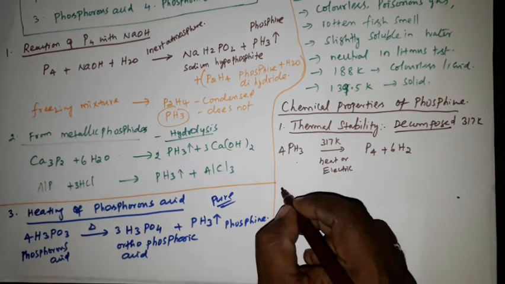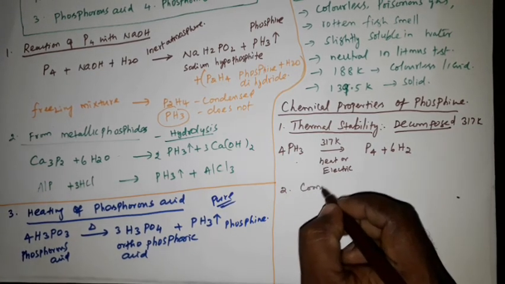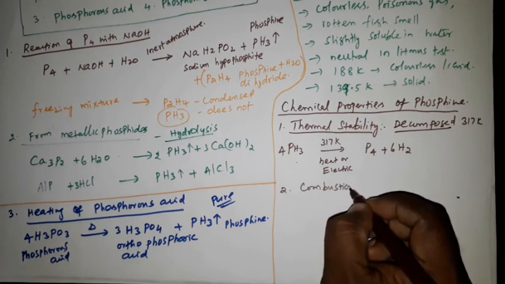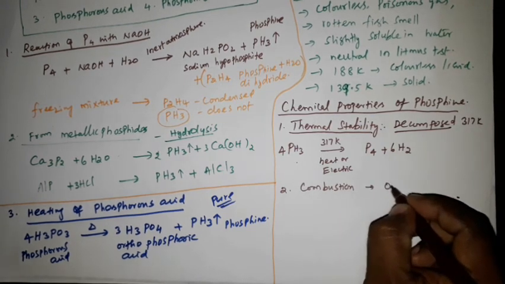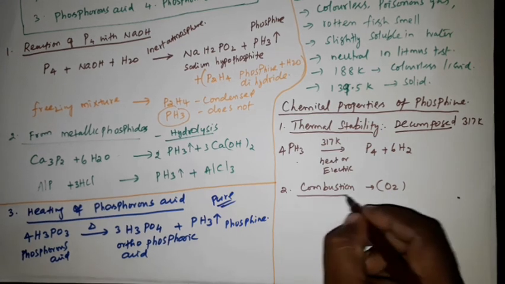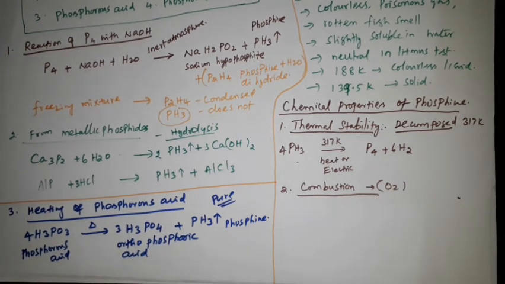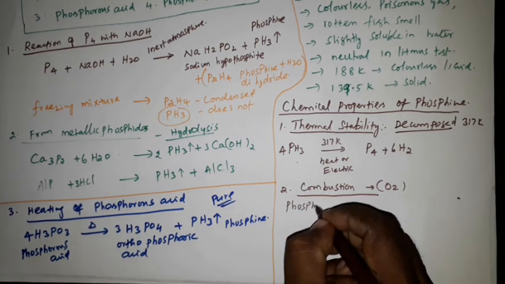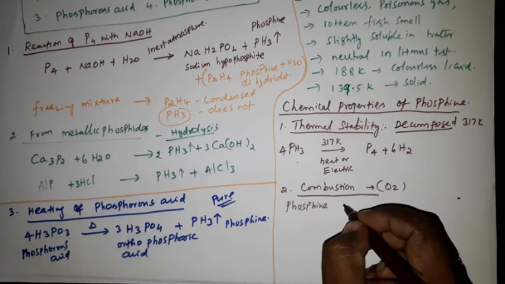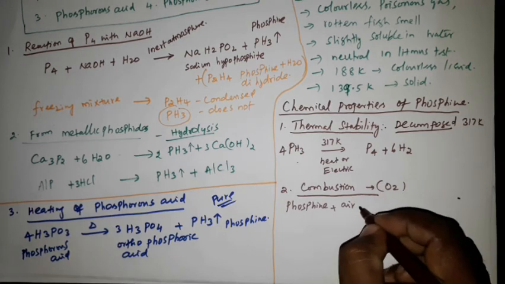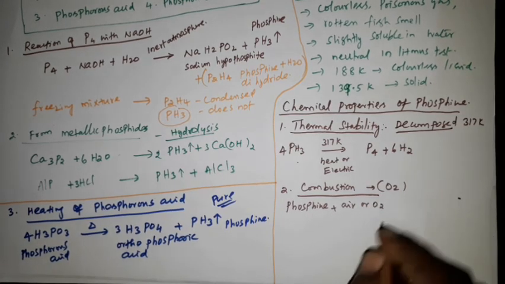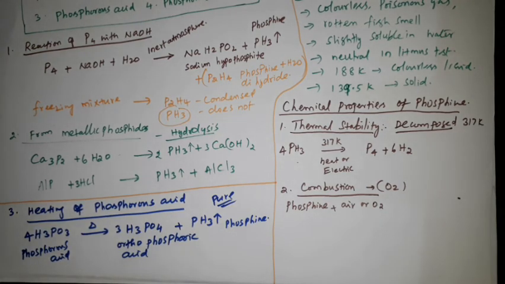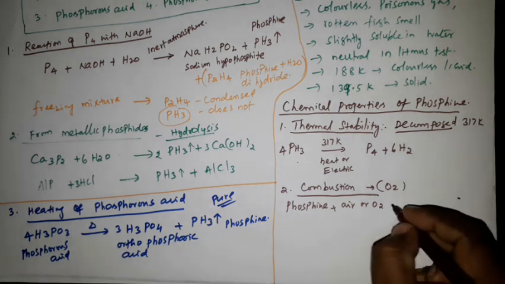The second one is the combustion reaction. Combustion means reaction with oxygen. So when phosphine reacts with air or oxygen, it will produce metaphosphoric acid.